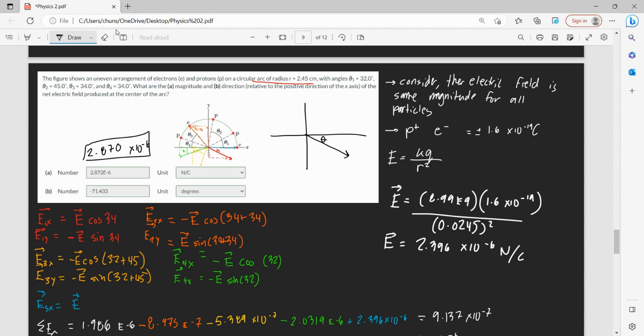We can find our angle by taking tan inverse of the sum of Ey over the sum of Ex, and that gives 71.433, and because it's measured clockwise, that's where the negative comes in.